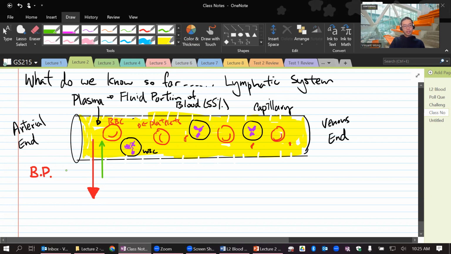And that represents the osmotic pressure caused by the concentration difference between the inside and the outside, right? So over here, blood pressure is greater than osmotic pressure. So you end up having fluid loss, right? We talked about that already. So you will have fluid leaking out like this. Not blood. The blood cells don't come out. The proteins don't come out. It's just the fluid that comes out.